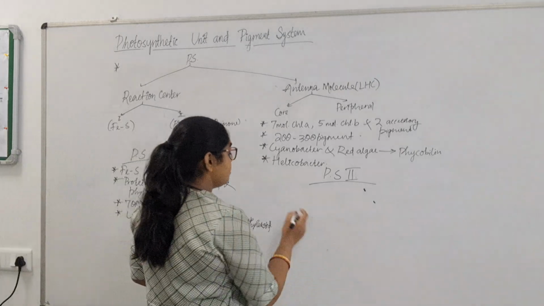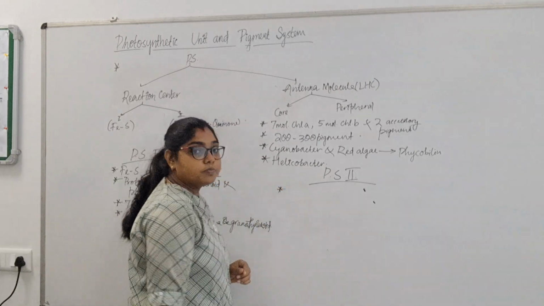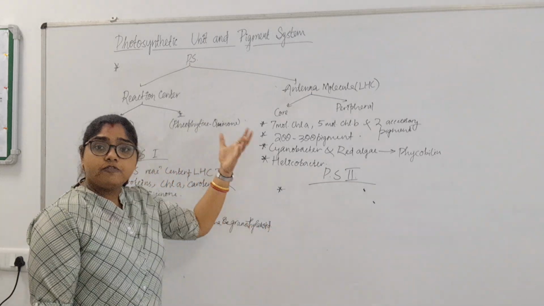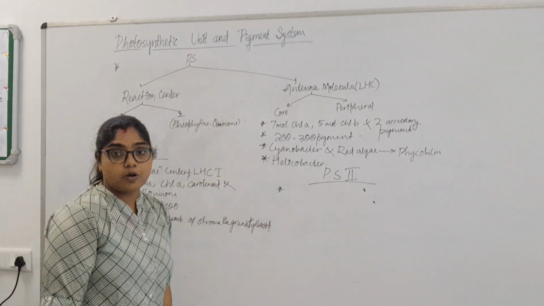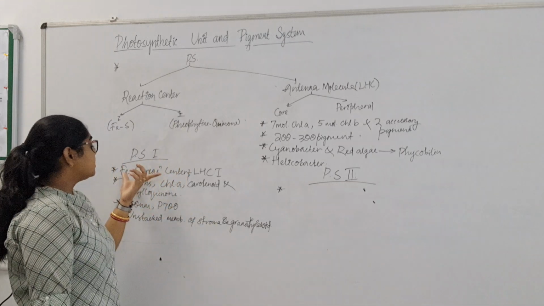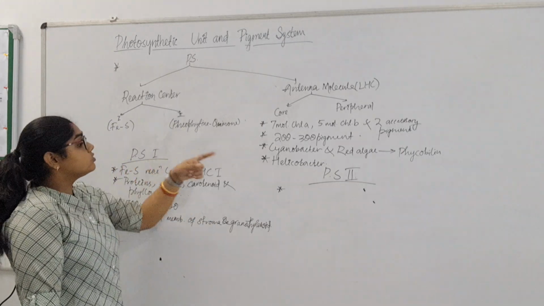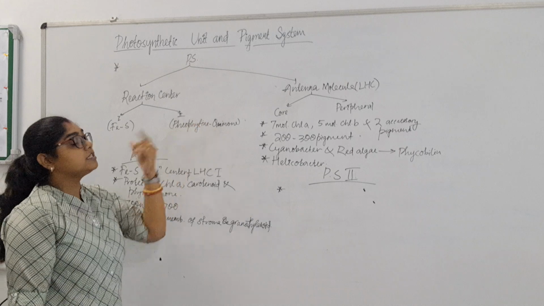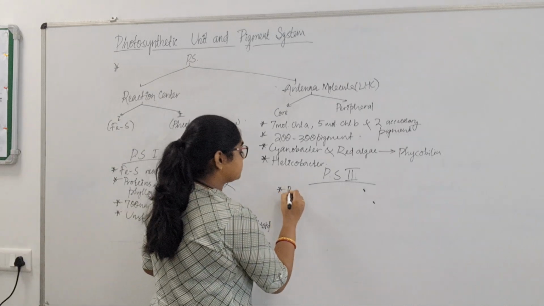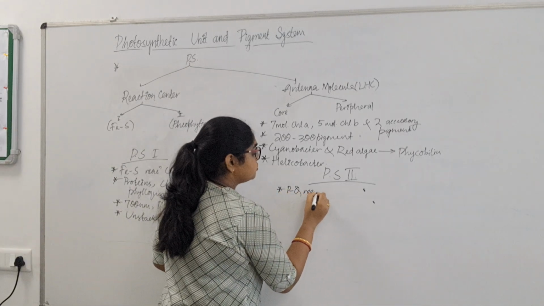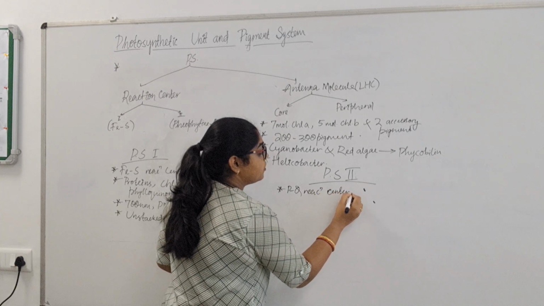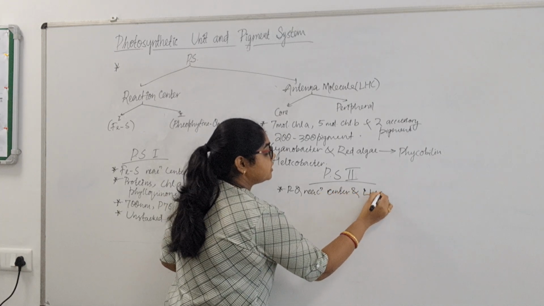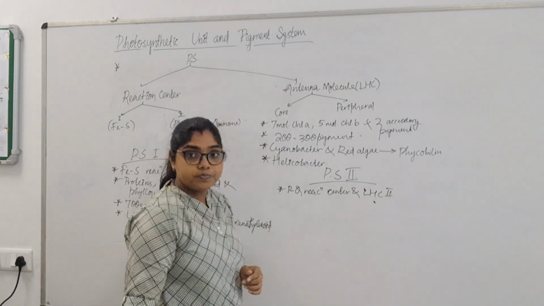Okay, now we will discuss photosystem 2. As we know, all photosystems are protein-pigment complexes, so both 1 and 2 are protein-pigment complexes. One reaction center is the FeS type reaction center. The type 2 reaction center is the pheophytin and quinone type of reaction center, with LHC2, light harvesting complex 2.